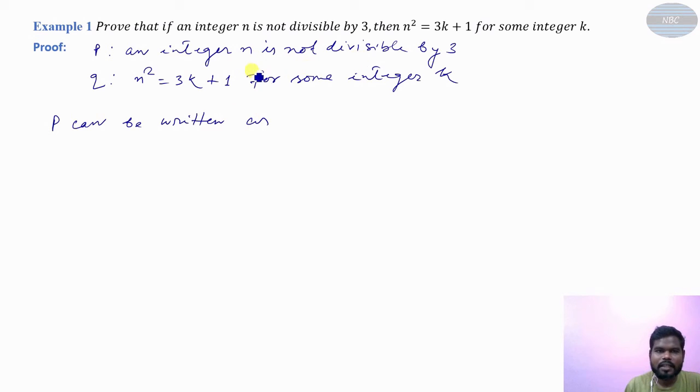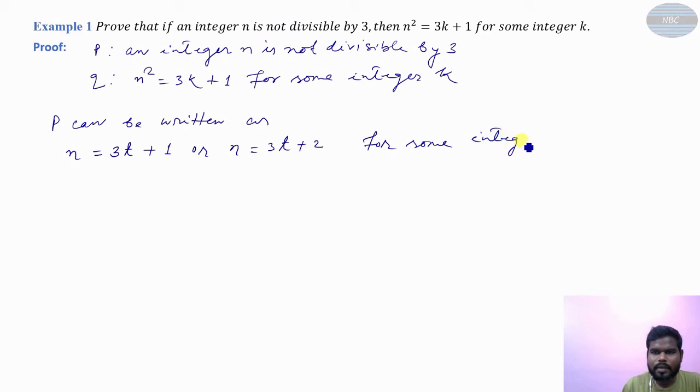Since n is not divisible by 3, n is equal to 3t plus 1 or n is equal to 3t plus 2 for some integer t. So here we have 2 cases: n is equal to 3t plus 1, and another one is n is equal to 3t plus 2.